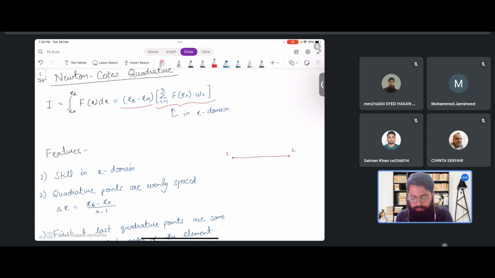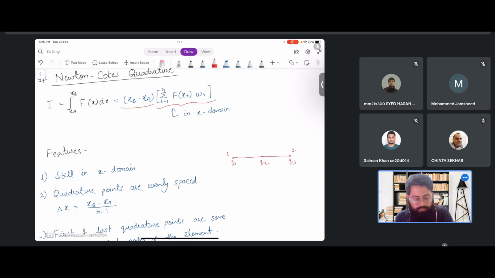So if we want to use only 1 point, I think we can. If you want to use only 2 points, our 2 points would be same as nodes Q1, Q2. If you want to add another third point, the second point would be here, the center.